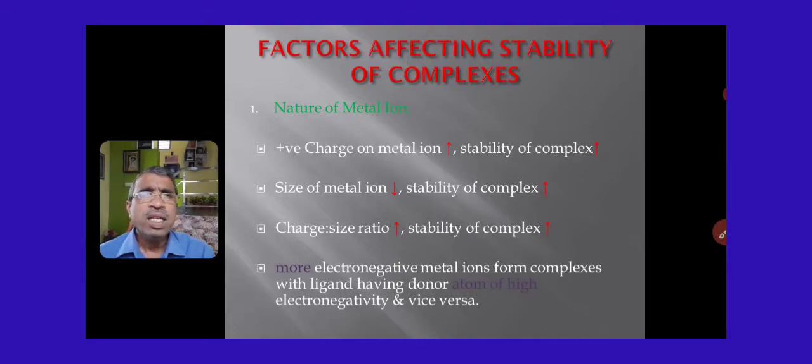Similarly, decrease in size of metal ion increases stability of complex, and increase in charge to size ratio increases stability of complexes. Lastly, more electronegative metal ions form complexes with ligand having donor atom of high electronegativity and vice versa.